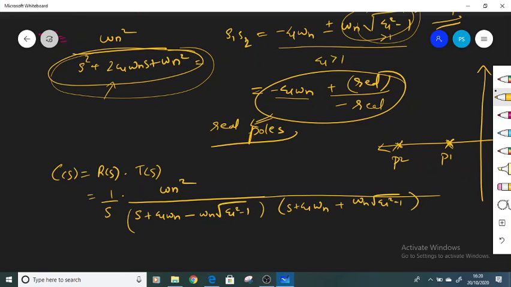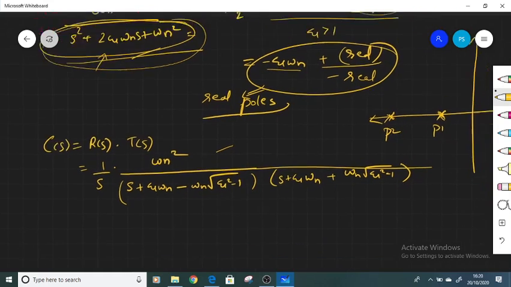These are the same thing, I have just split it in the form of its roots. So I can write the same thing in this form also.